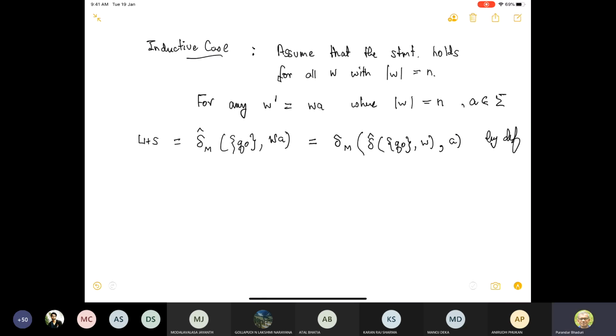This is by definition of delta hat for DFAs.